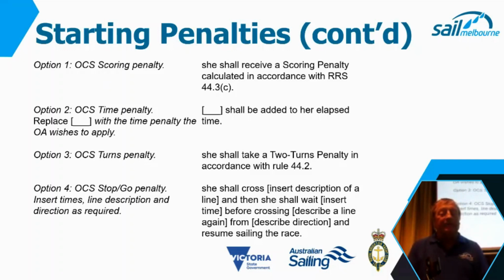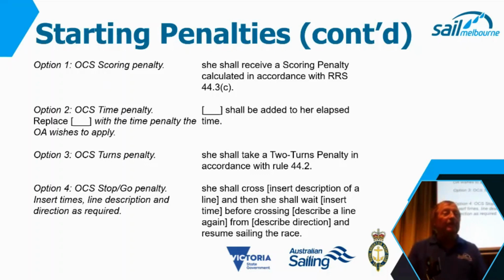Option 4, OCS: we stop, go penalty. Certain times, and the line description and direction is required. So you may have to cross a line, and then she shall wait before crossing.